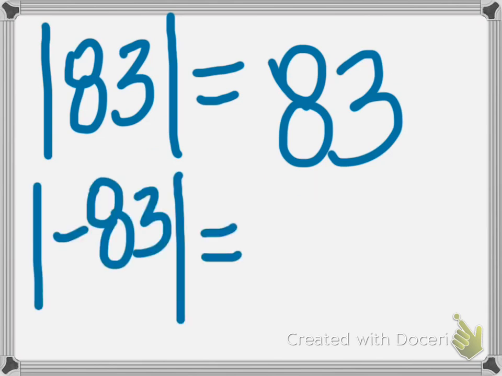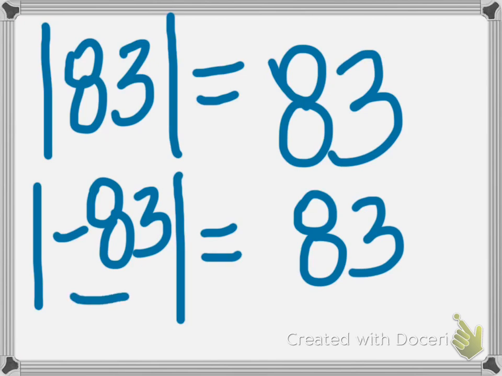Well, what about if our number inside the absolute value symbol is a negative? We also say that the absolute value of negative 83 is 83 because negative 83 is 83 spots away from 0 on the number line.